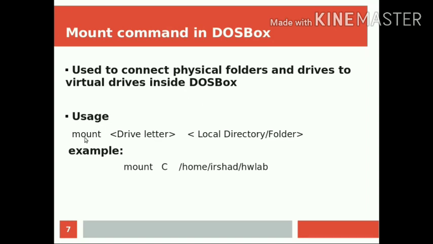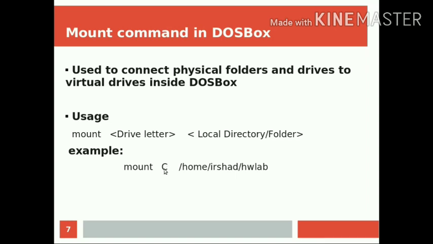The usage is mount, then the virtual drive letter, then our local directory or folder, which is the folder present in our Ubuntu. For example, if we want to mount our hardware lab folder, then mount C. This is the virtual drive letter.